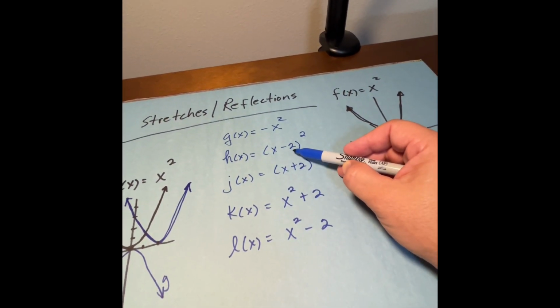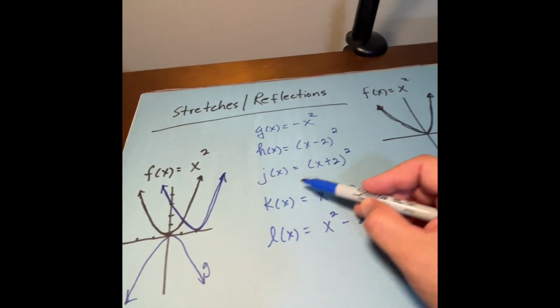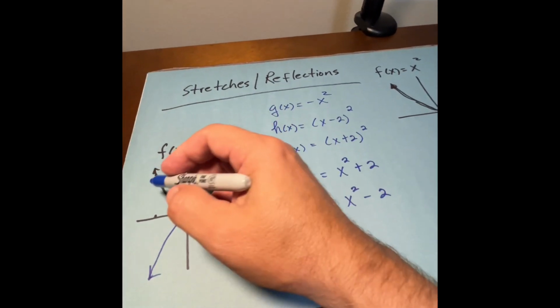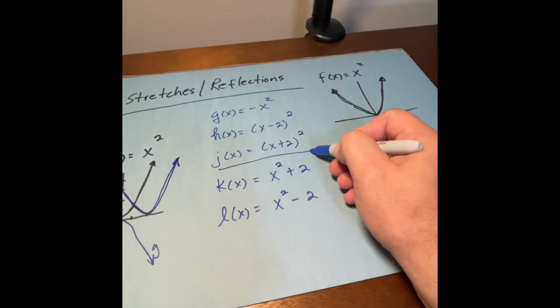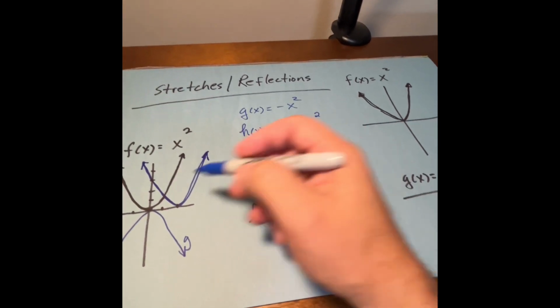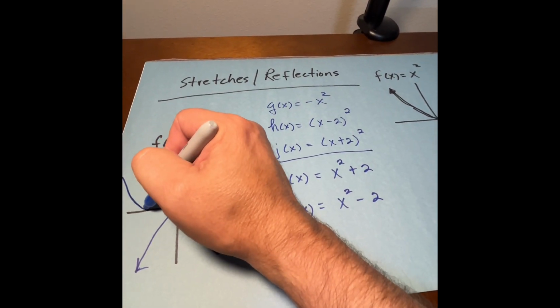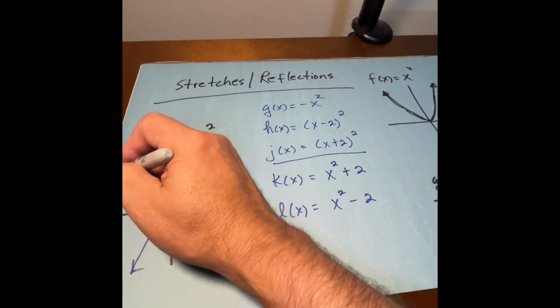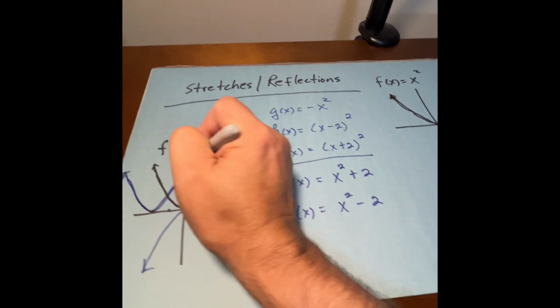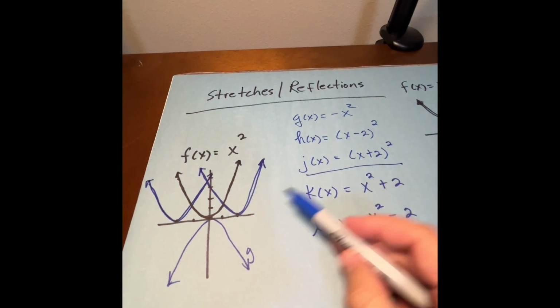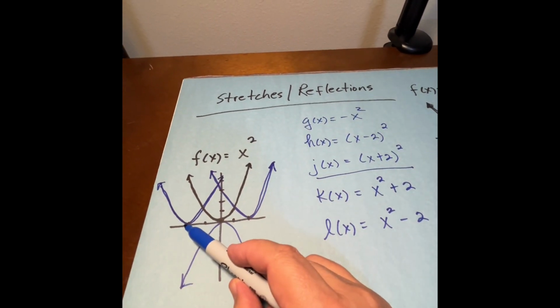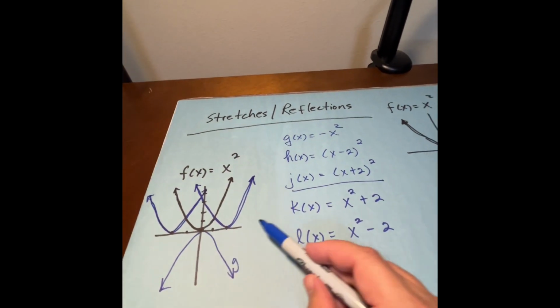If it's x plus 2, it's going to be to the left 2. So this one, being x plus 2, I'm going to shift there. It is shifted to the left 2, but same size, same shape as the black one.